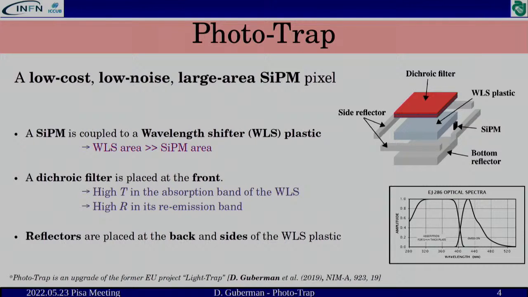It essentially consists of a wavelength shifter that is coupled to a silicon PM on the side. This wavelength shifter is surrounded by reflectors on the sides and on the bottom, and on the front there is a dichroic filter which should have in principle very high transmittance in the absorption band of the wavelength shifter and very high reflectivity in the re-emission band of the wavelength shifter.